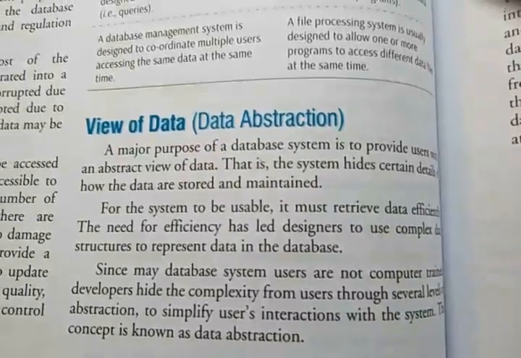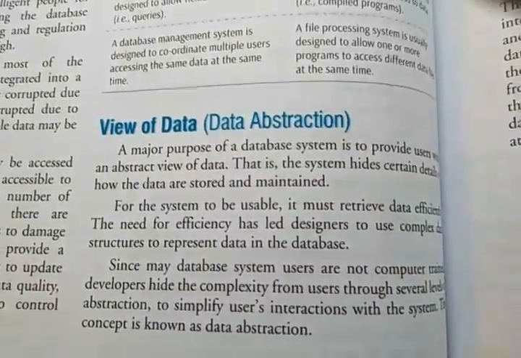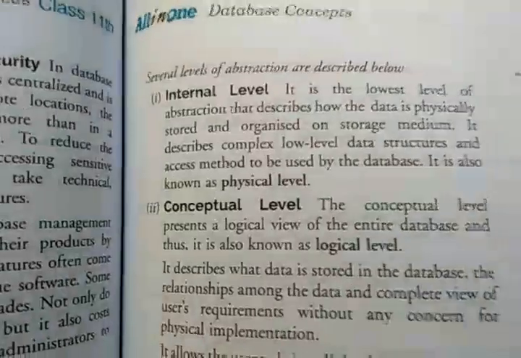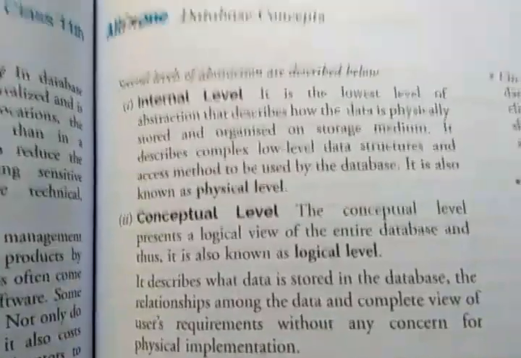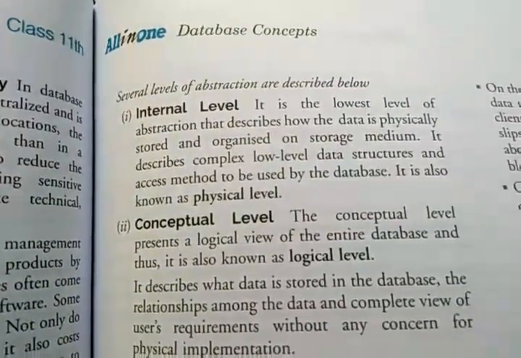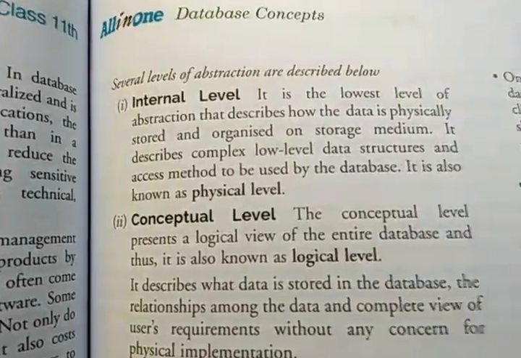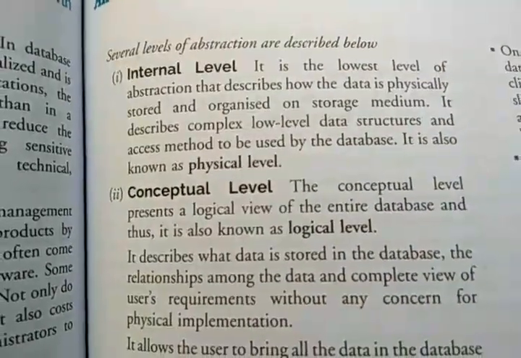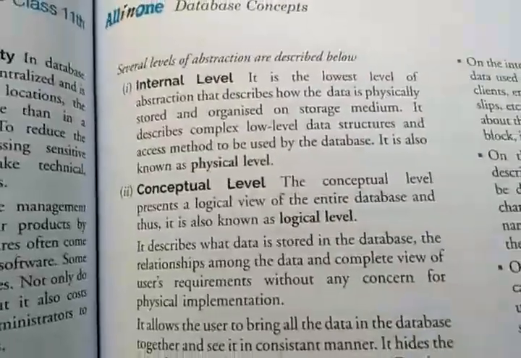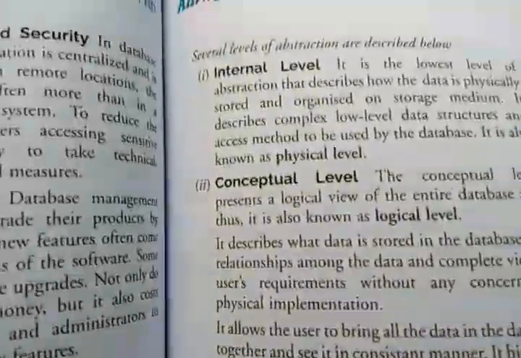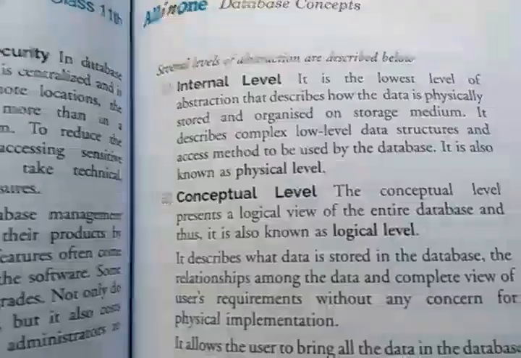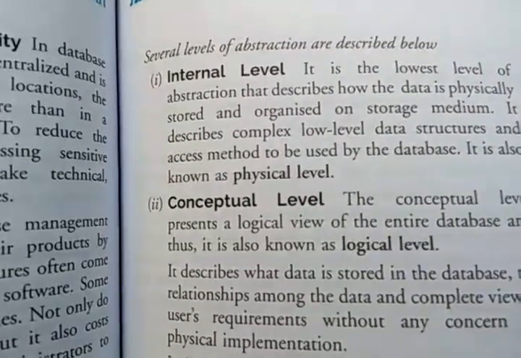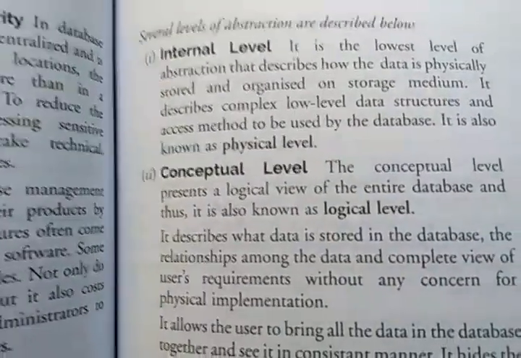There are several levels of abstraction. Number one is the internal level, also called the physical level. It is the lowest level of abstraction and is related to hardware devices, that organize how the data will be physically stored on a storage medium.